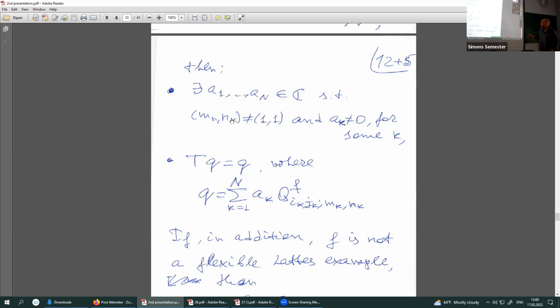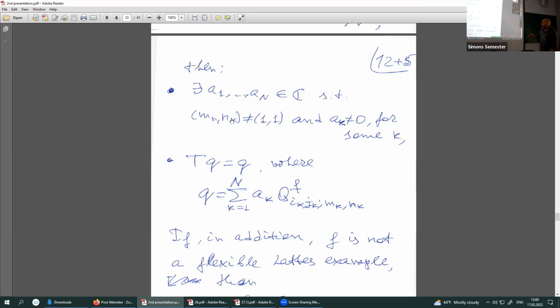Because if for all non-zero coefficients they were 1, 1, then each such quadratic differential would be 0, just because we start with critical values in the difference. So this condition guarantees that there are rational functions here which are not 0.